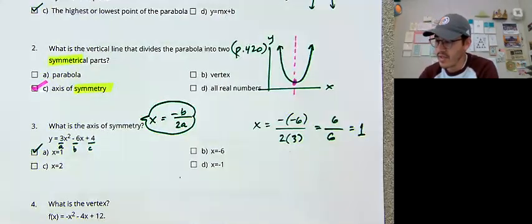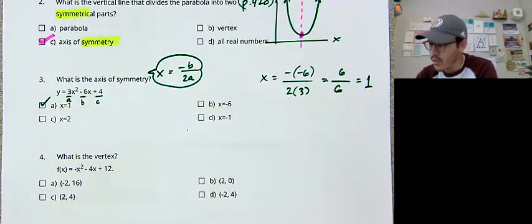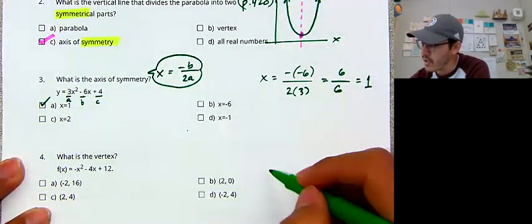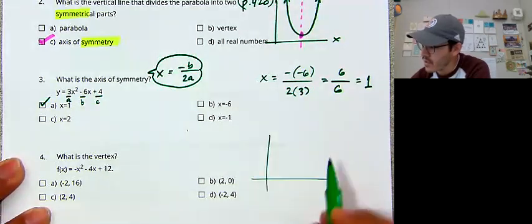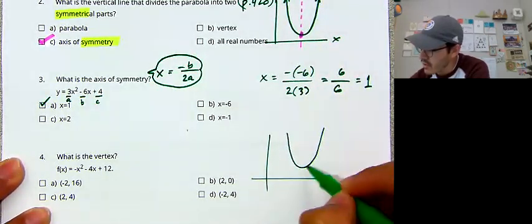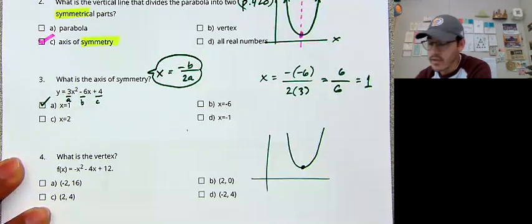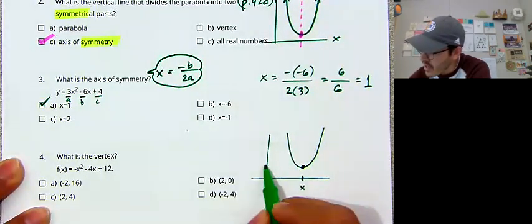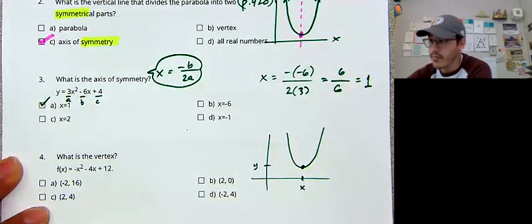Question 4, what's the vertex? Well, the vertex is a point, and points have two coordinates. Let's just redraw it again. The vertex is going to have an x coordinate, and it's also going to have a y coordinate.